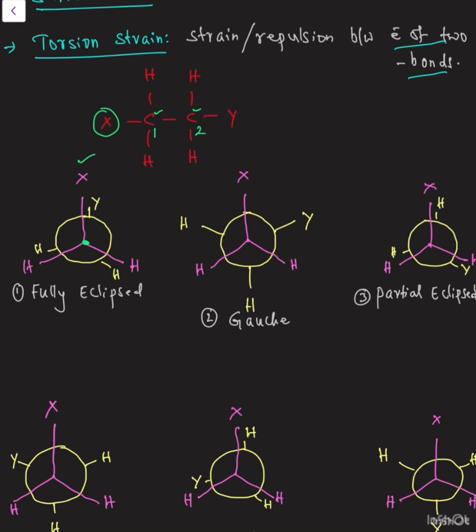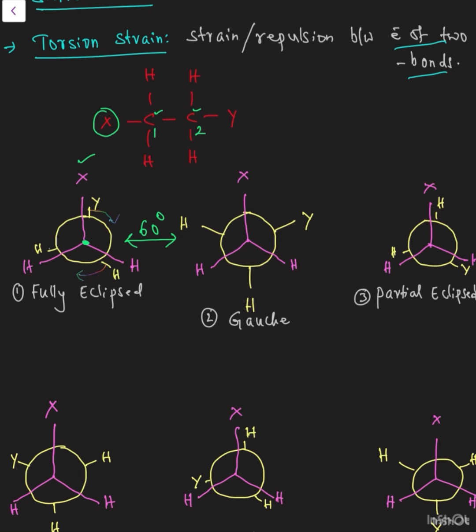Now when this fully eclipsed arrangement is rotated by 60 degrees, what happens? Only the backside carbon we are rotating, the front side carbon is not rotated, that is fixed. Only one carbon you have to rotate. So we are rotating the backside carbon. When you rotate by 60 degrees, it is coming like that.